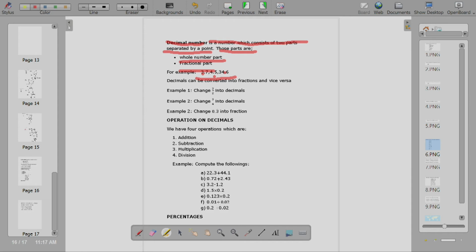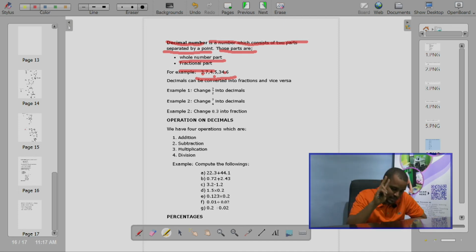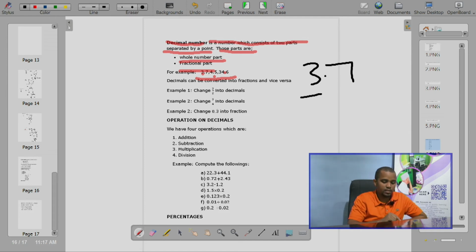We call them decimal numbers because they have two parts, the fractional part and the whole number part. In the example 3.7, the 3 is the whole number part, and the 7 is the fractional part.